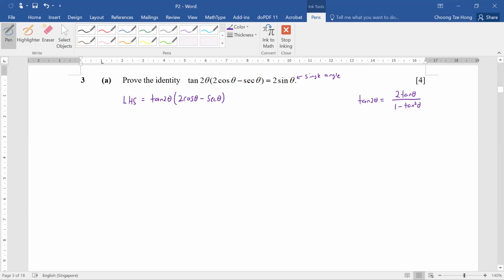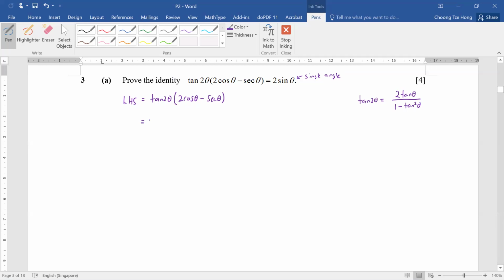If you want to open the brackets later, it's not really going to help us simplify anything, because you're going to multiply by 2 cosine theta and then secant theta. So this is probably an approach that we do not want to take, because we can't really simplify anything.